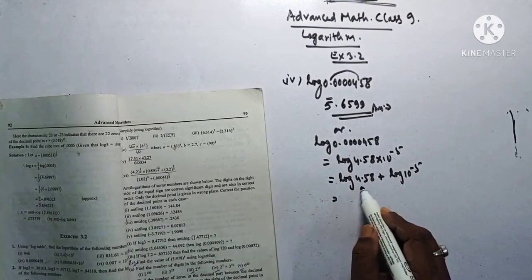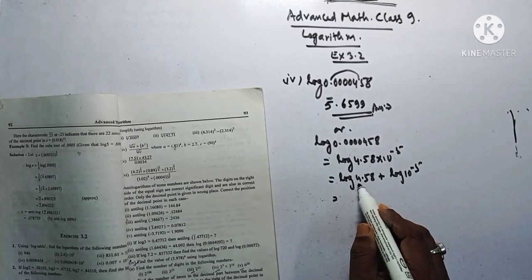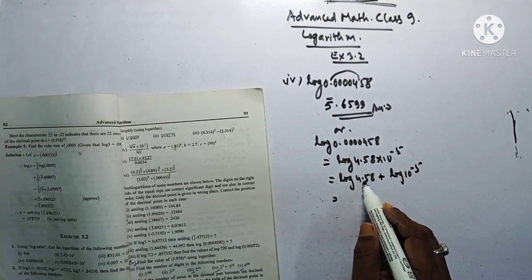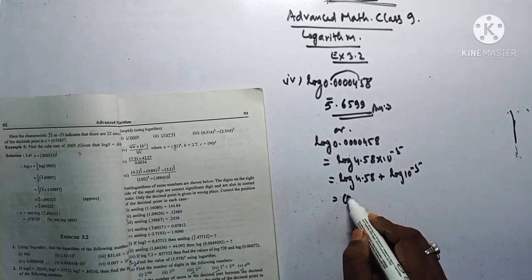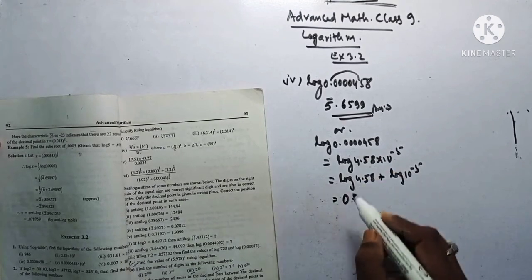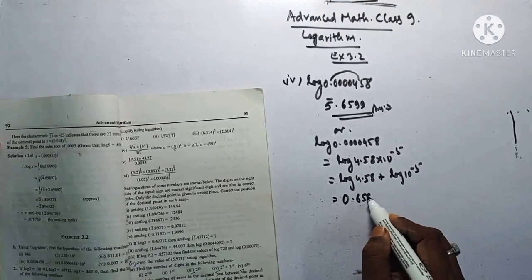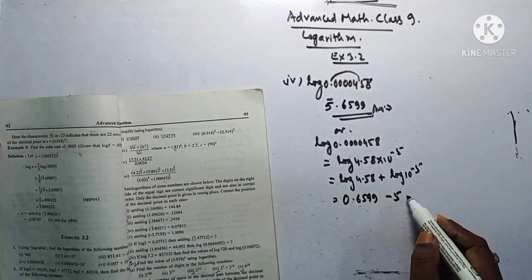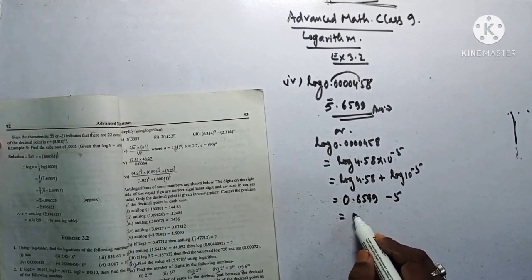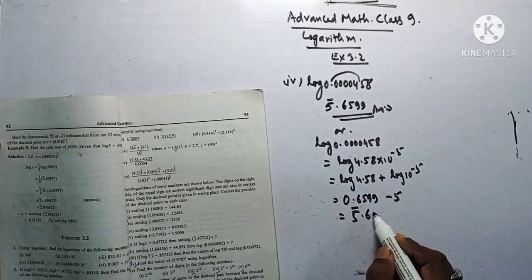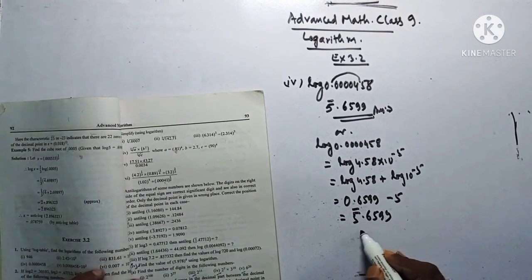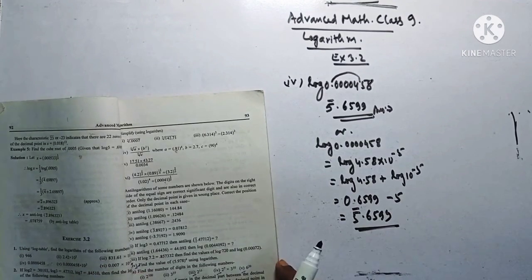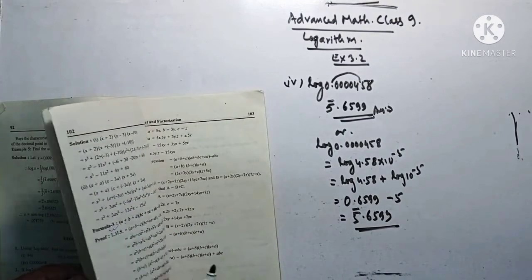Here before the decimal there is only one digit, so 1 minus 1, your characteristic is 0, and 458 is 6599, and this is minus 5 times log 10 base 10, which is 1. So this you can write as 5 bar 0.6599. This is your answer, or you can do it in this way if you have any confusion.